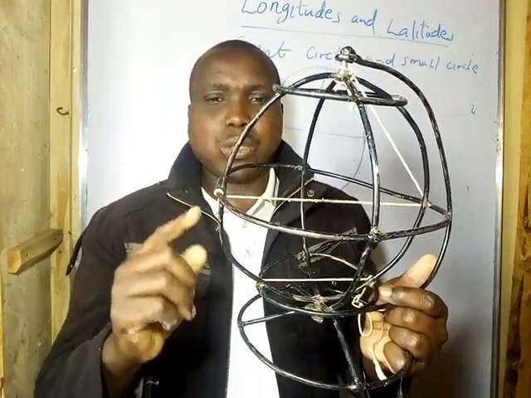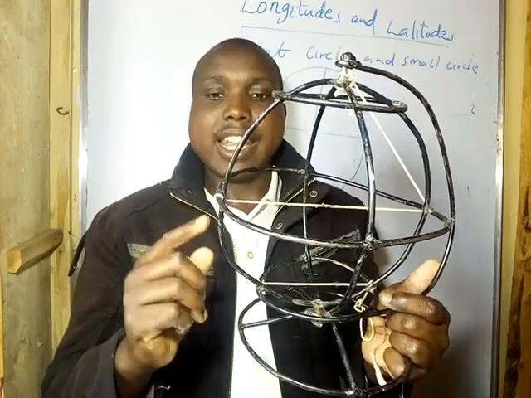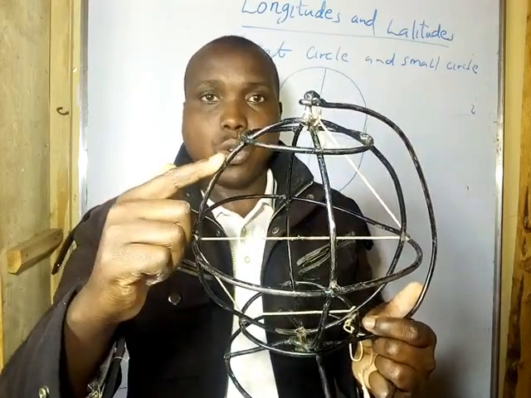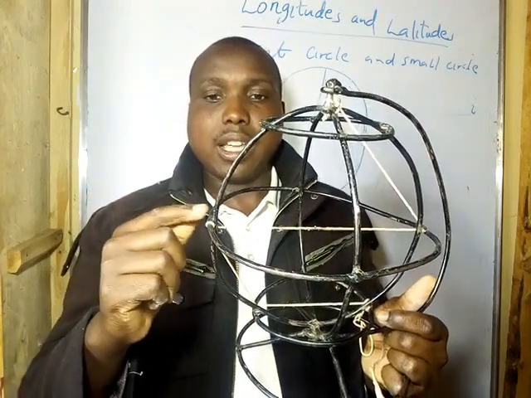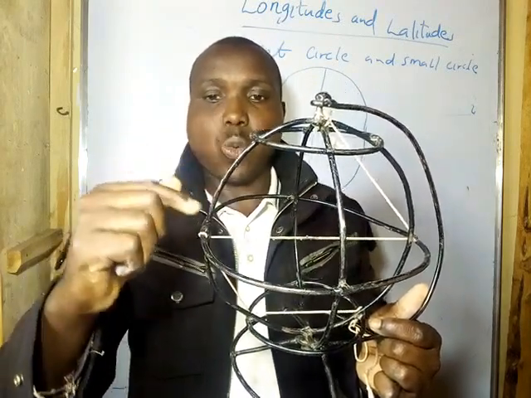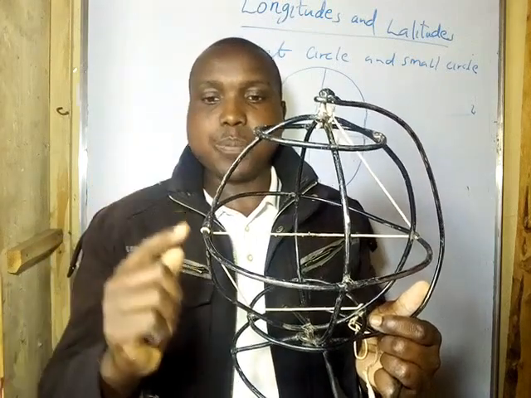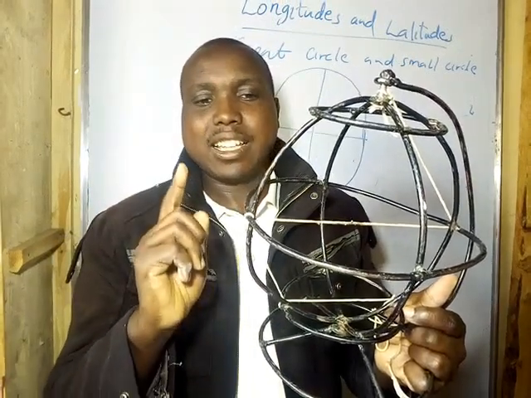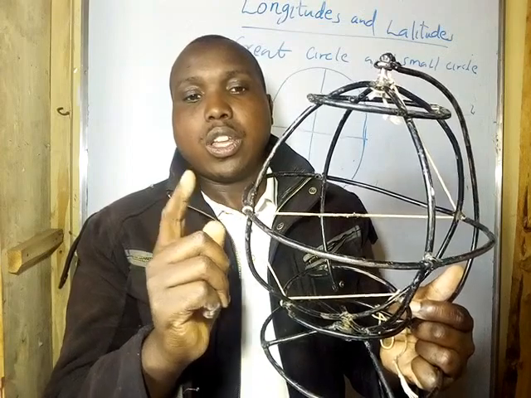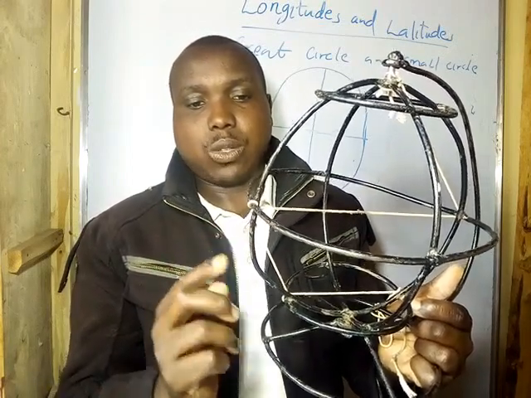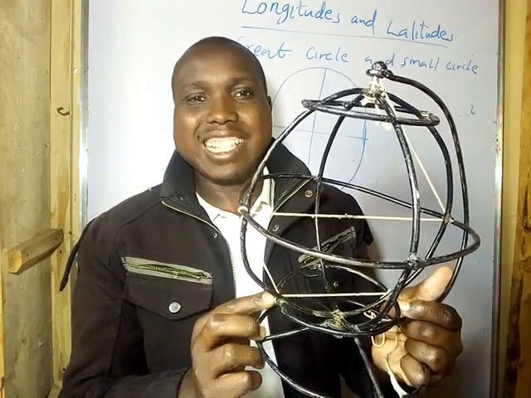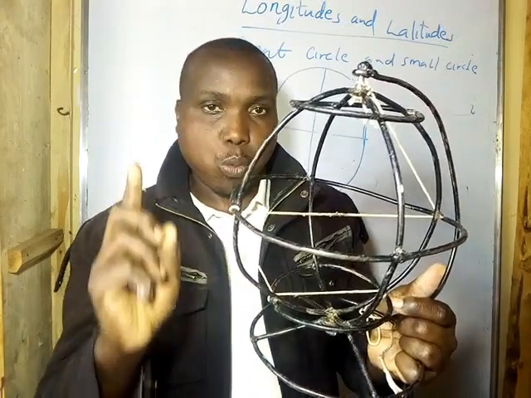So any latitude above 0 degrees north, that is 1 north, 2 north to 90 north, and any latitude below the equator, which is 1 degree south, 2 degrees south, 3 degrees to 90 degrees south, are all small circles.